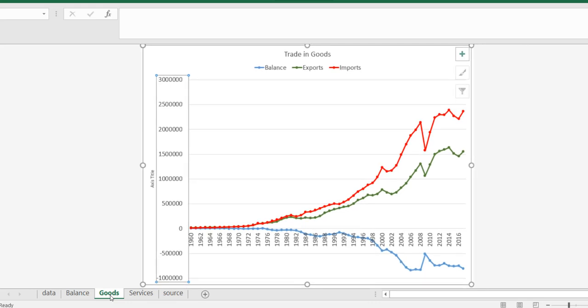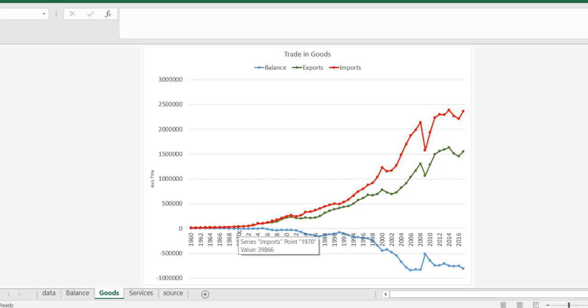Let's look at the evolution of the trade in goods alone. As we talked about earlier, this is the main driver of the current account balance. So in the 70s, we started buying increasingly more goods and services, and primarily after the 90s, the IT boom.